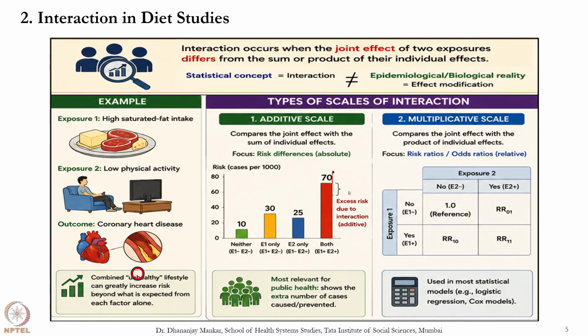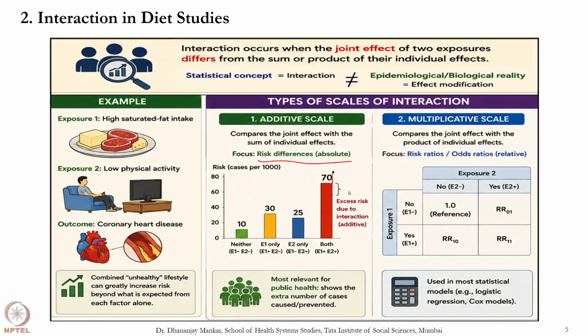The types of scales of interaction can be seen as the additive scale and the multiplicative scale. In the additive scale, you compare the joint effect with the sum of the individual effects. The focus is risk differences, which are absolute. This is most relevant for public health, showing the extra number of cases caused or prevented, where the risk is due to interaction.